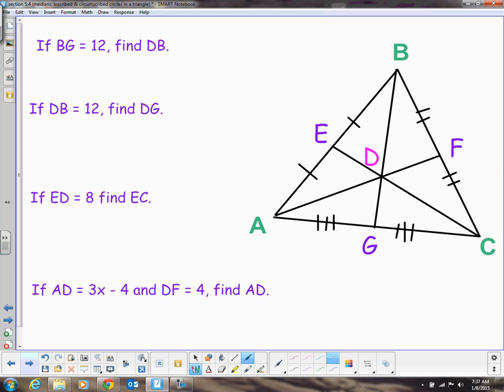All right. Here we're being told that this whole segment is 12. Can we take 12 and divide by 3? What is that going to give me? 4. So what will this length be? And what will this length be?